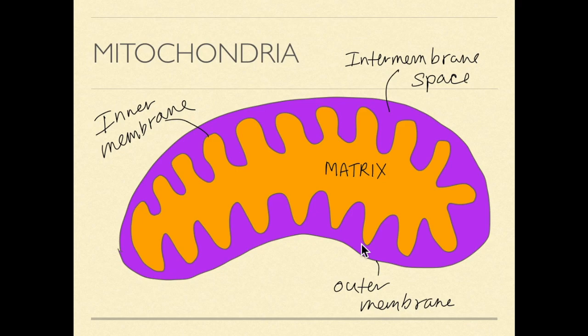In the theory of endosymbiosis, prokaryotic cells were being engulfed, consumed, if you will, by other cells. This organelle came from an ancestral cell that, instead of being digested, was able to exist within the host cell, if that makes any sense. It has tremendous functionality.